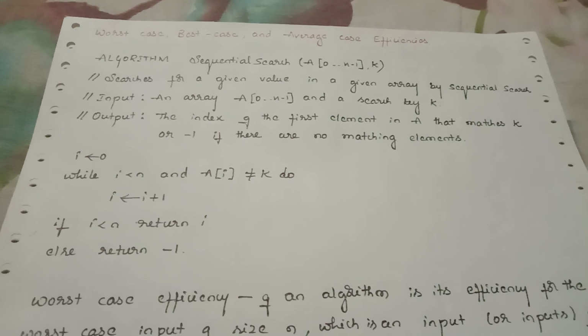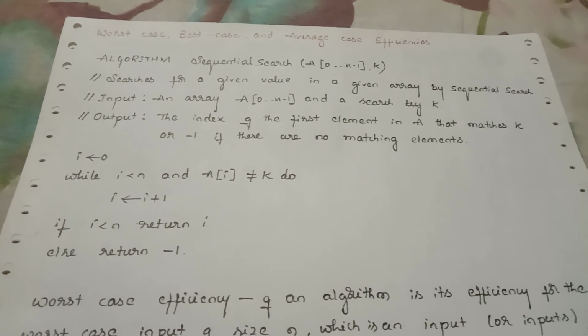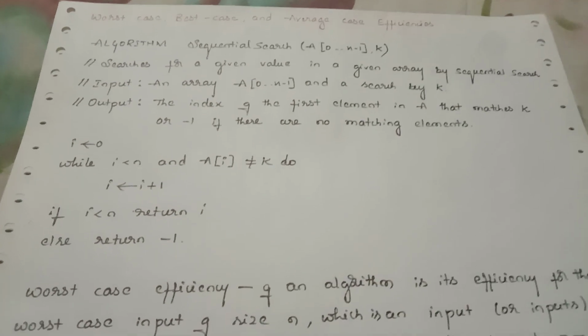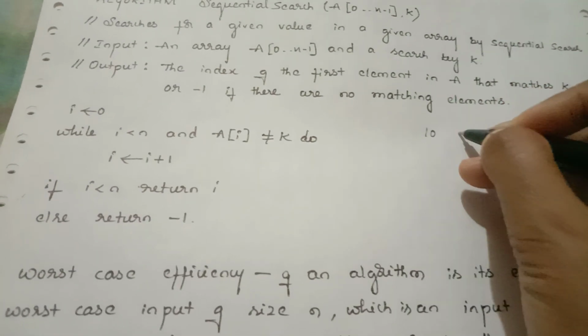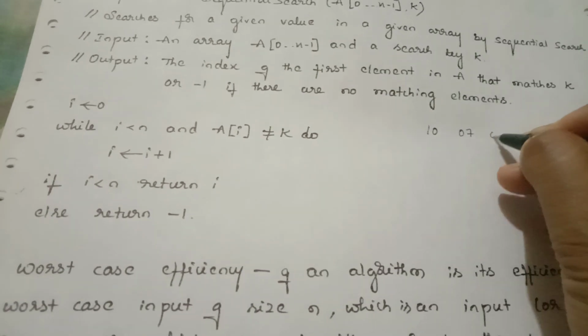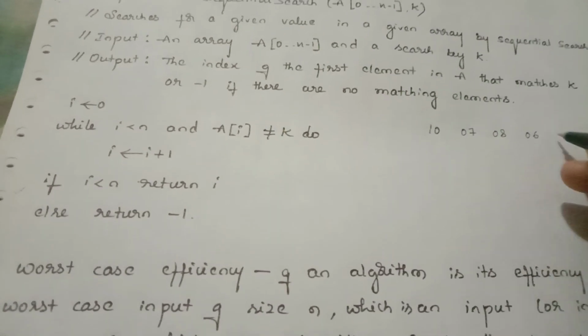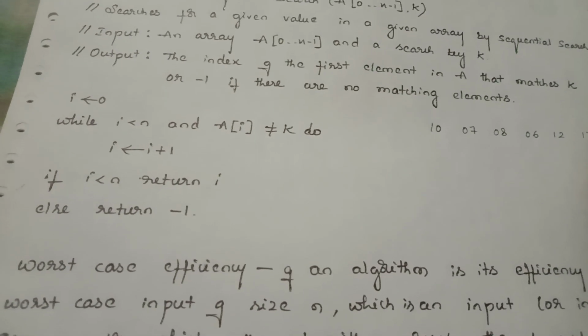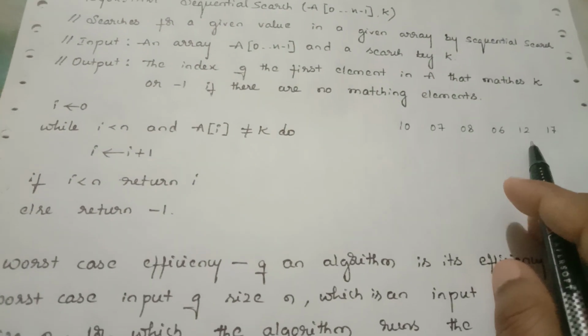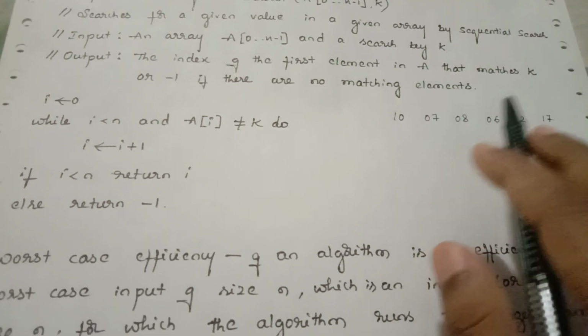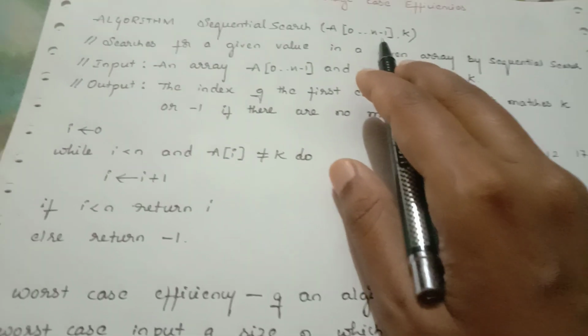Sequential search means we are given an array. For example, here I will write some array elements. You can see I have written an array of elements, which we can index from 0 to n minus 1.